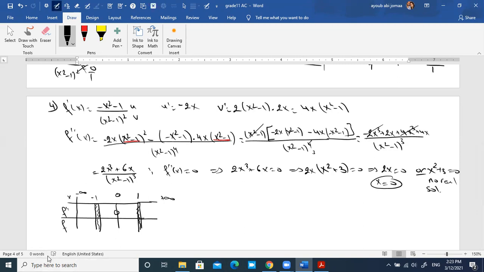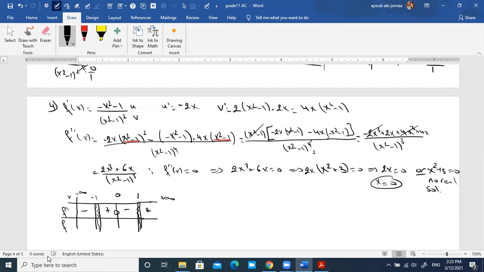Okay. Now the signs, as usual, take number less, number greater, number between. Number less than -1, let's say -2. Okay. F double prime at -2, replace here x by -2. Then you'll get negative. And then positive, negative, positive.